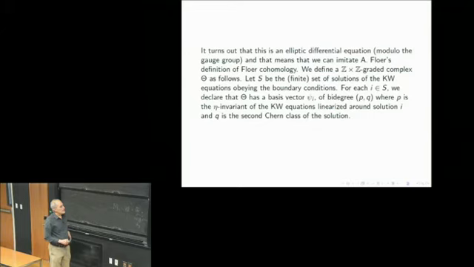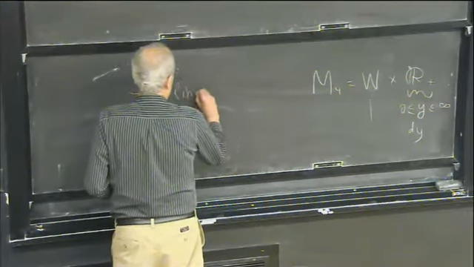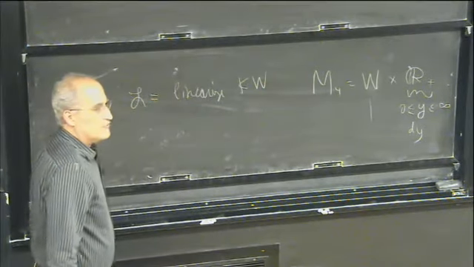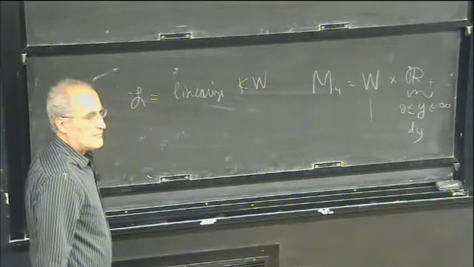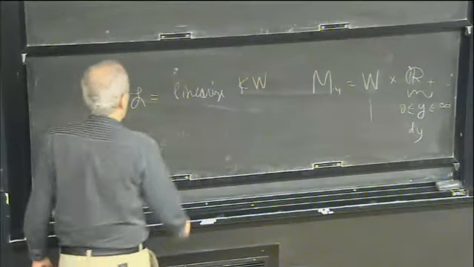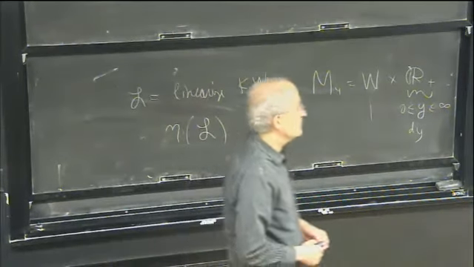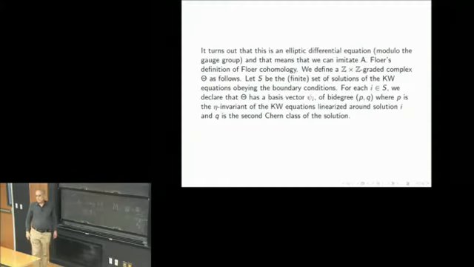For each I in S, we declare that theta has a basis vector psi sub I of bi-degree (P, Q), where P is the eta invariant. L is the linearization of the KW equations. You have the KW equations, you linearize them to get a linear differential operator L, and then eta is the eta invariant of the linear operator L. In this even dimensional situation, you can show that eta is an integer.